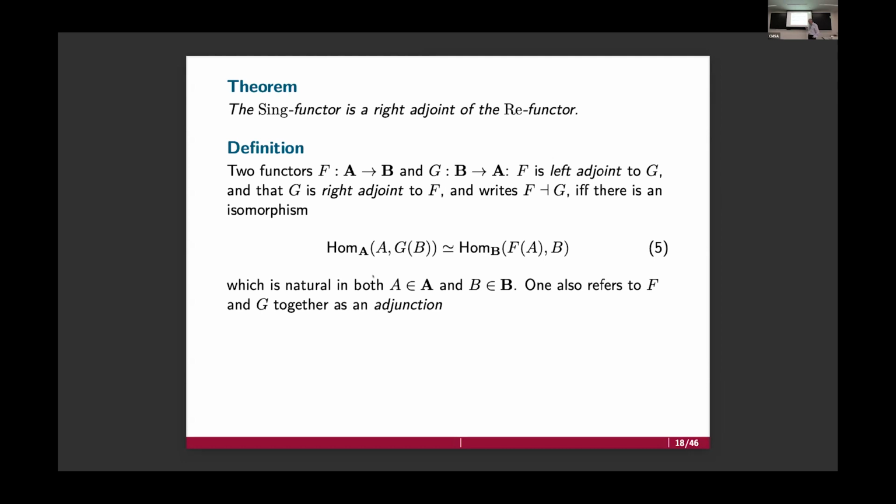If you go from A to B, mapping A to F of A, then the homomorphisms in the category between F of A and B correspond to the morphisms when you go the other way, from B to A with this G. And so the concept of an adjunction is useful, because then you can essentially go back and forth between the two categories and transfer structures from one category into the other.